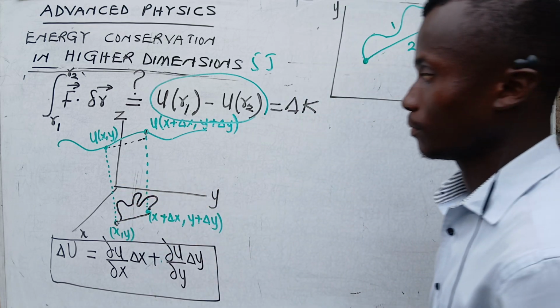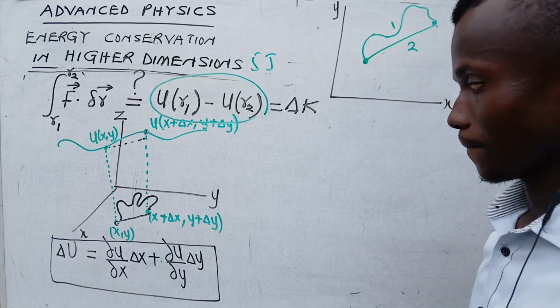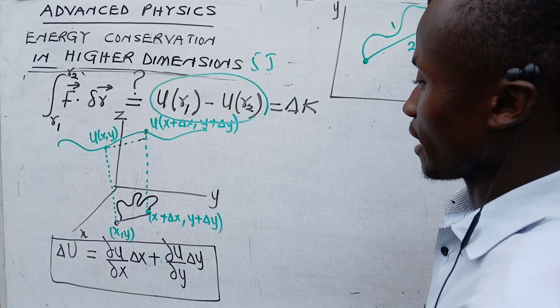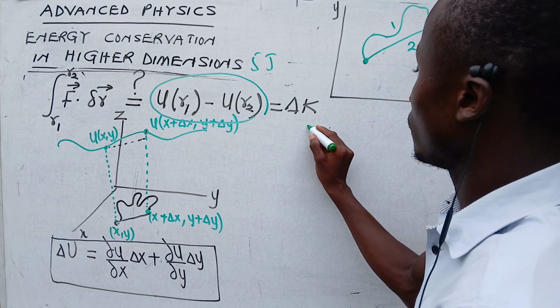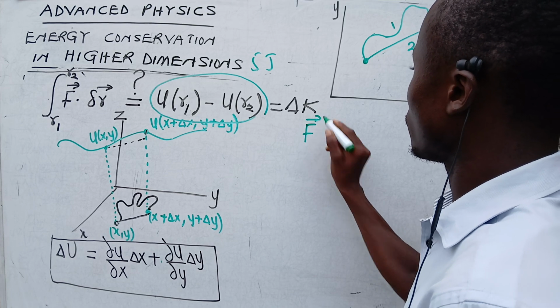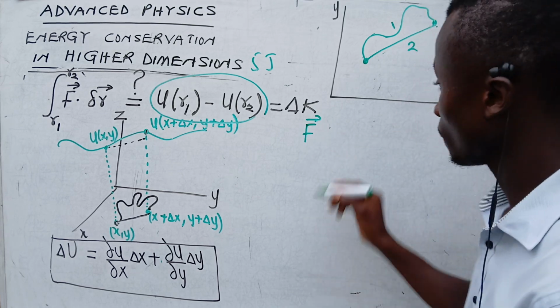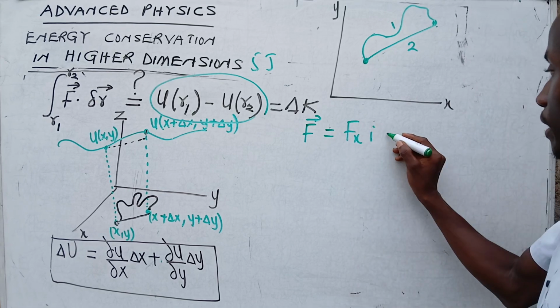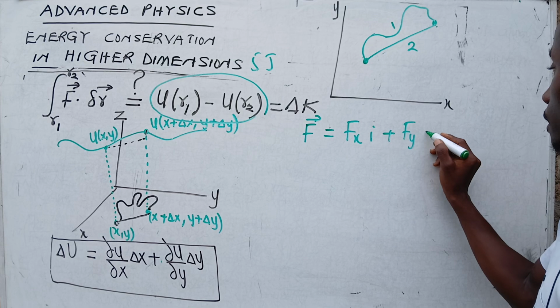So, in the 2D plane, the force is a vector, which is equal to Fx in the i direction plus Fy in the j direction.